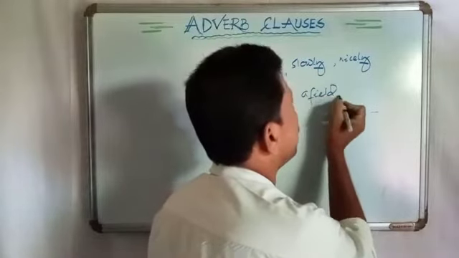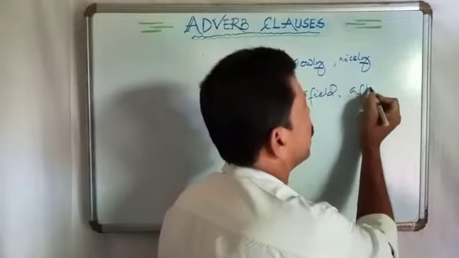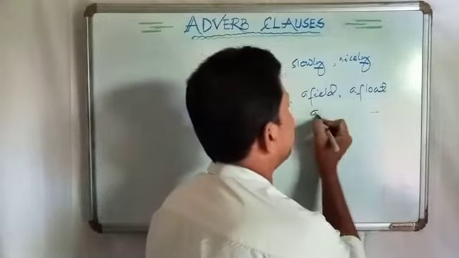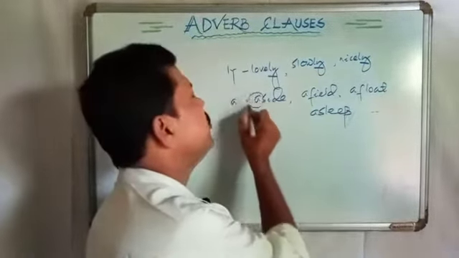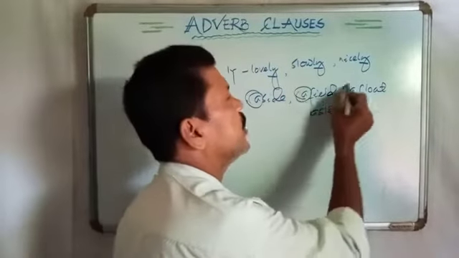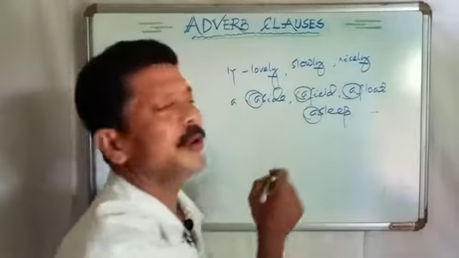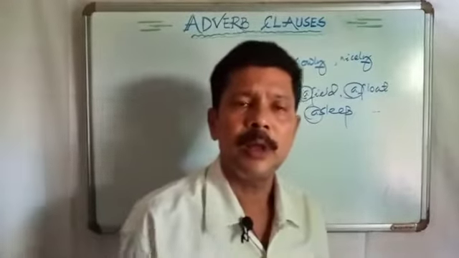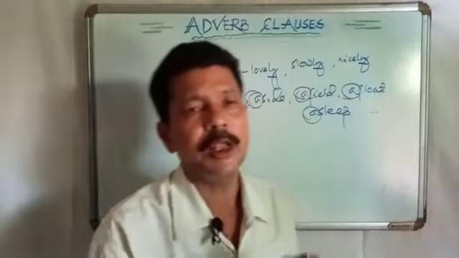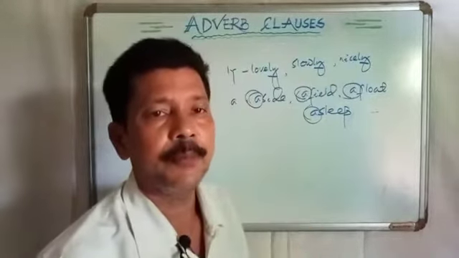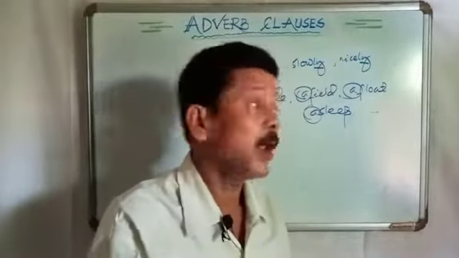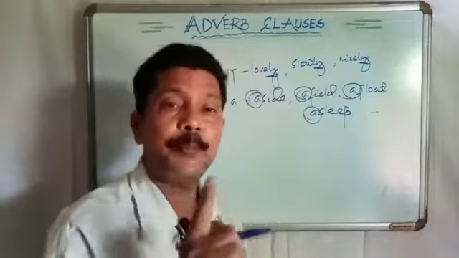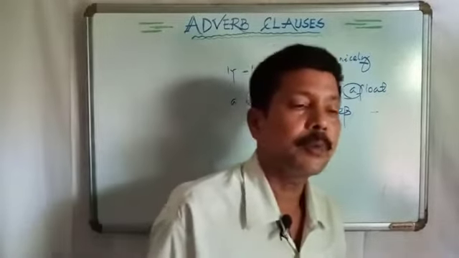Afield, afloat, asleep. Such words have a as the prefix. So an adverb can be used in the prefix position, but ly is in the suffix position and a is the prefix.